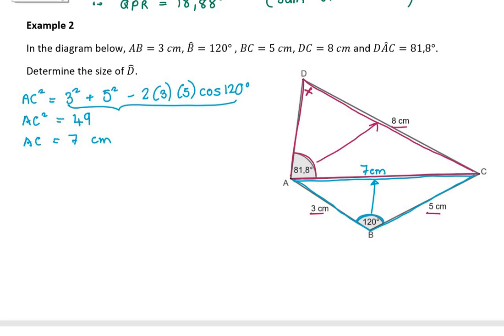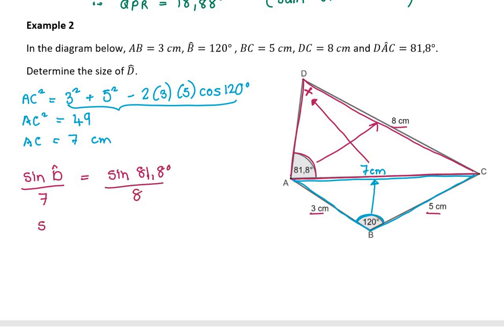So in my top triangle, you'll now notice that the 7 is directly opposite the angle I want, and I have a partnering pair of 81.8 and 8 centimeters. So I'm thinking the sine rule. So if I'm going to find out the angle at D, I'm going to put sine at the top, so sine of angle D divided by its opposite partner, 7. Now that will be equal to the sine of 81.8 degrees all over its partner, which is 8.